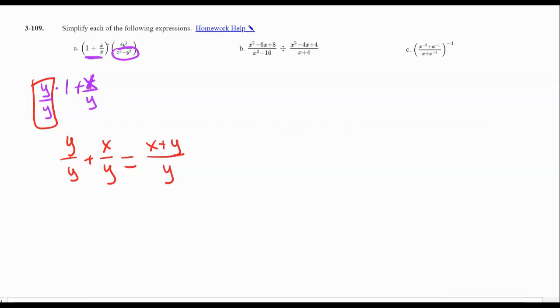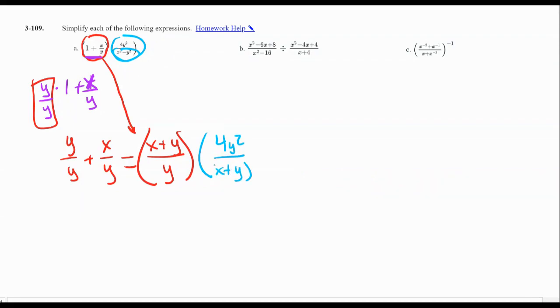So this first step was just changing that first term into a single fraction. Now I have this times my second piece, which I'm also going to change, because I see the denominator here is a difference of squares. So I can break it up into x plus y times x minus y.